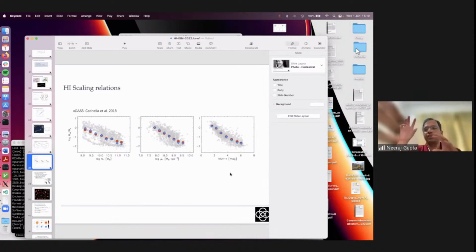If I take galaxies which are isolated and make another sample of galaxies which are in groups, would they follow the same scaling relation or not? Depending on whether they do or not, I will know which physical process is important in different environments. So that's why scaling relations become important here.